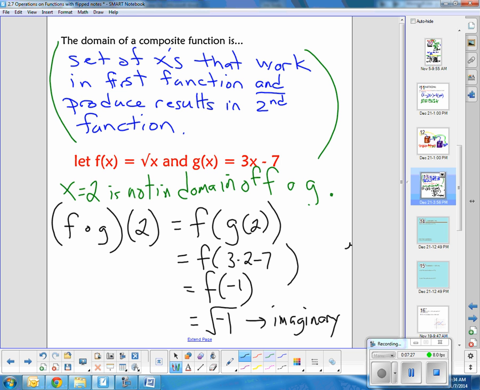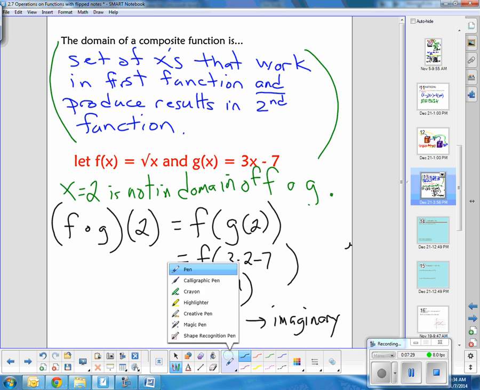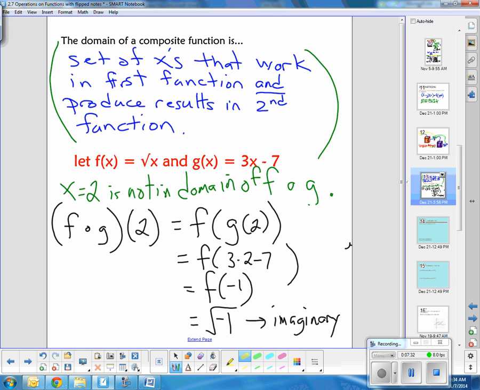So we're showing here, and I've got a demonstration, that while x equals 2 is in the domain of the individual functions, x equals 2 is not necessarily in the domain of the composition of functions. Something to keep in mind there, because it's all about the result.